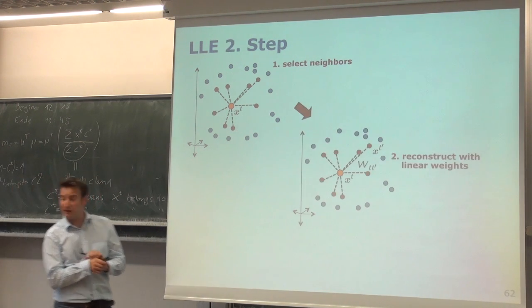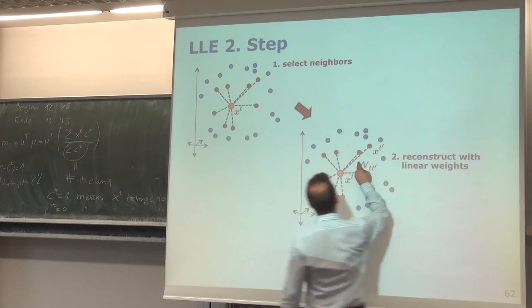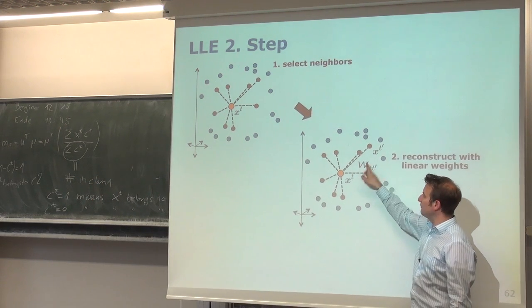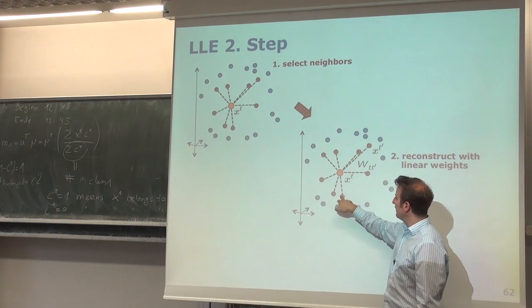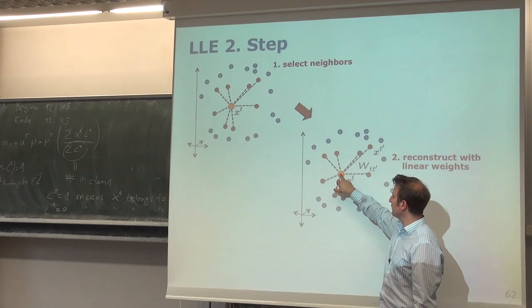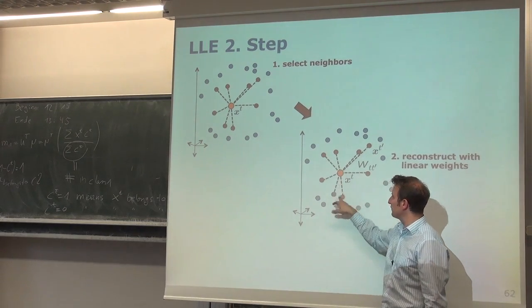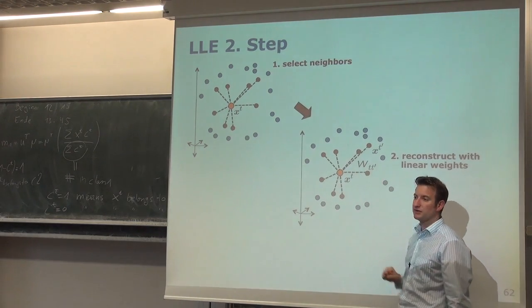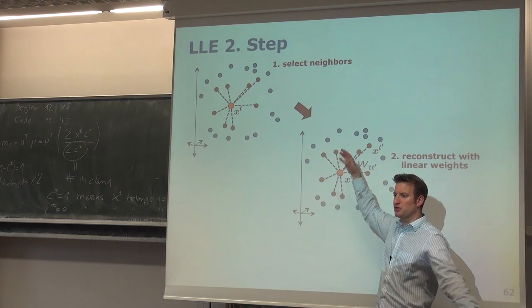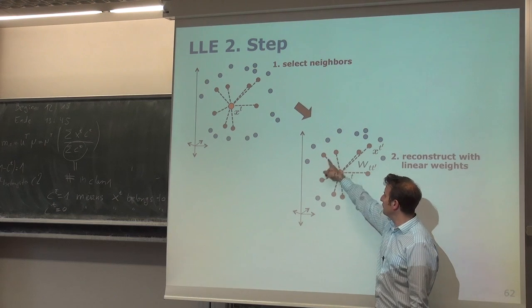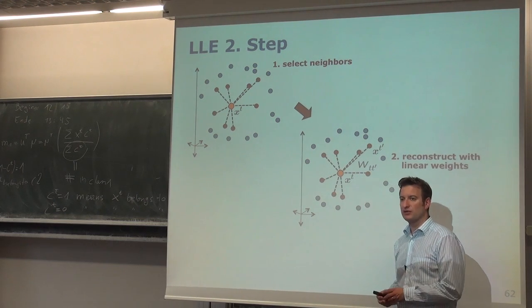That is exactly what the second step does. I compute a weight matrix, saying this point contributes to reconstructing this point based on these neighbors with a certain factor. These factors are stored in W. A lot of elements in W will be 0, for those points which are far away, but for all neighbors we have these reconstruction weights.